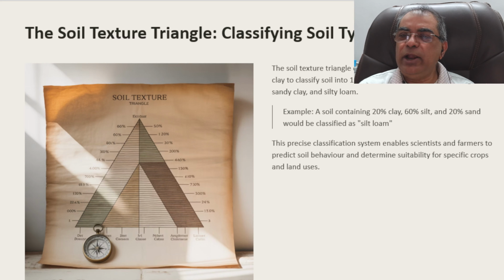The soil texture triangle combines the percentages of sand, silt and clay, including sandy clay and silt loam. So 12 distinct textures are classified. For example, a soil containing 20% clay, 60% silt and 20% sand would be classified as silt loam.